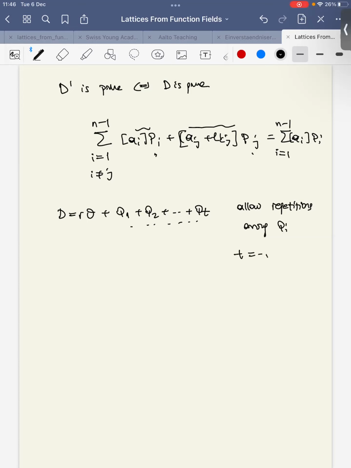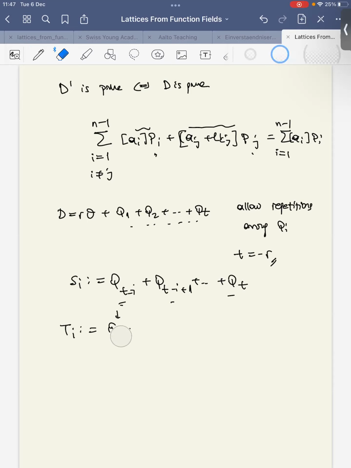And t is equal to minus R. If we put T_i as Q_{t-i+1} up to Q_t, and we consider T_i as, again, we use the divisor notation, we are working with the principal divisor. What they mean in this paper, they essentially mean the same thing. Here they consider the corresponding rational places. Let me take it as the same.